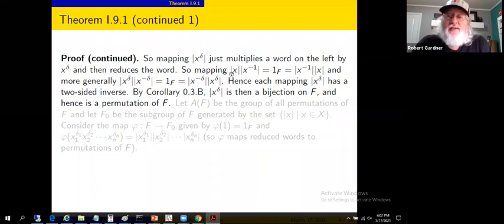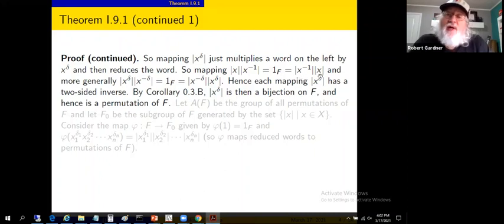Actually, I should read from right to left because this is function composition. So what we would do is multiply on the left by the symbol x to the negative 1, and then multiply on the left by the symbol x. Well, those two would cancel out when we do the reduction, and we just end up with the original word.